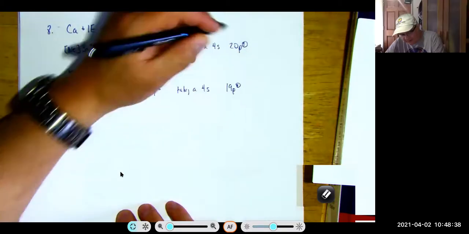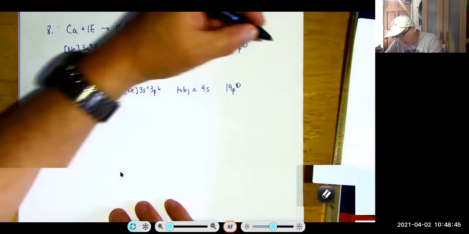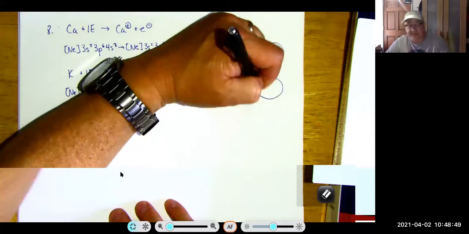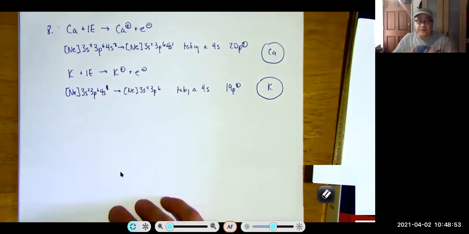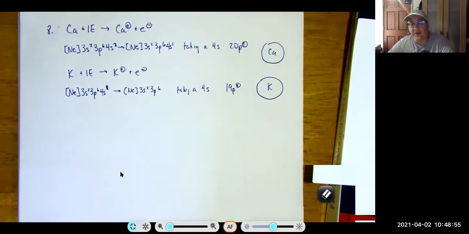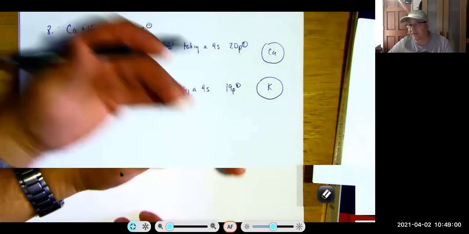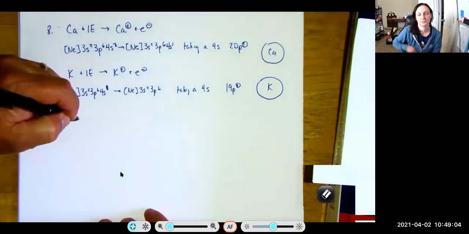So basically the 4s is going to be harder to take from calcium because it's got 20 protons. Plus we know that size-wise, potassium's a little bit bigger because the protons can't pull the electrons in. And another way to look at it is, how close is the electron to the nucleus? The closer it is, the harder it is to take. So calcium is harder to take.